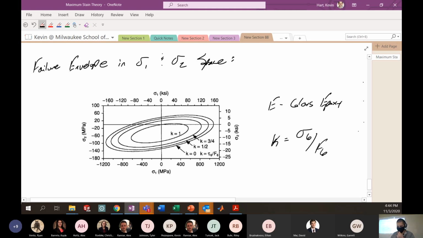So this gives an indication of how much shear is present inside of the piece. If no shear stress is present, you have this K equals 0 value. And if you have shear stress on your piece, which is equal to the shear stress which would cause failure, you're at this K equal 1 contour line. And we would see then that if we have no stress in the 1-2 direction, we'd be right on the failure line for failing in shear.